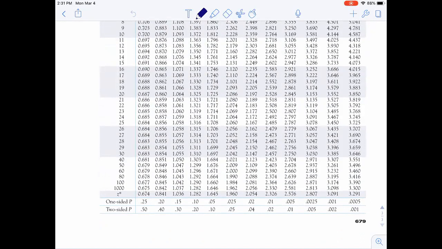Just because 28, well, that's a different sample size, so that doesn't matter. And then 30, that's a different sample size, so that doesn't matter. So because your sample size won't change, you're only going to be looking at this 29 degrees of freedom row.